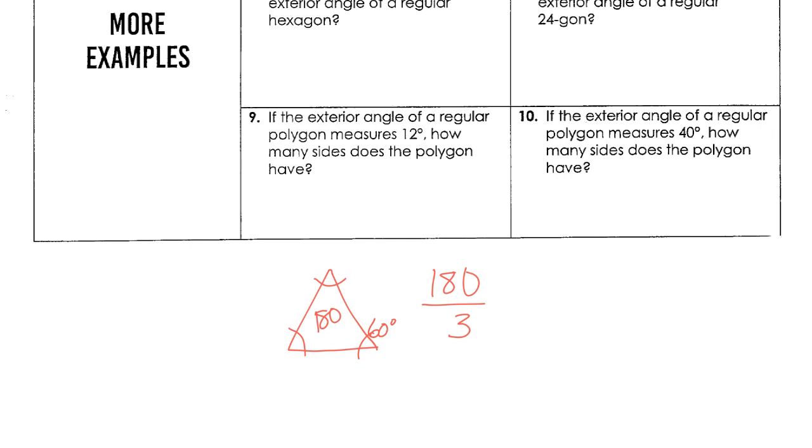Now this is the same idea, except we're dealing with exterior angles. Okay? So now we are actually dealing with these angles out here. Remember that the sum of the angles is 360. So if I take 360, I can divide that by 3.